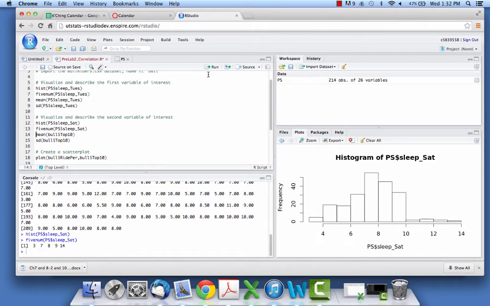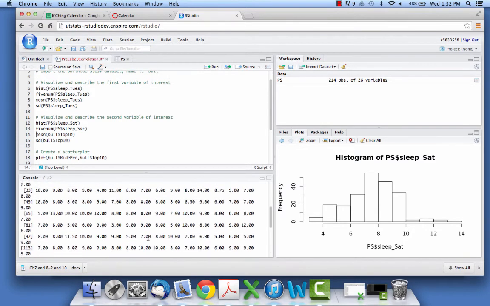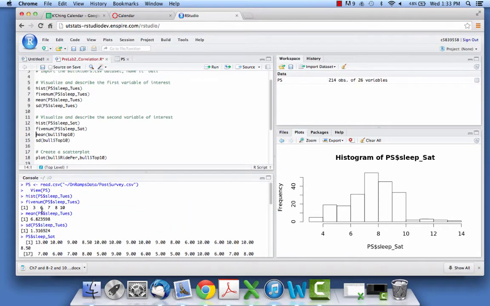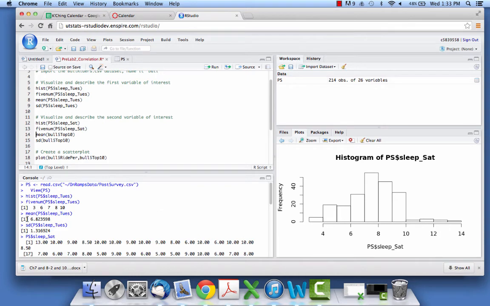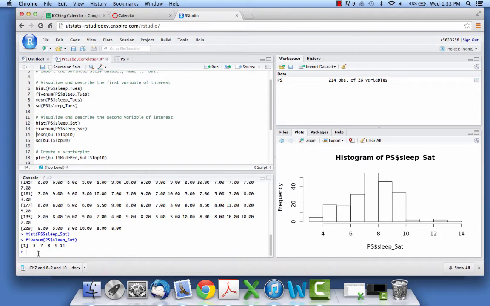Okay, there's the 5-number summary: median 8, interquartile range 2, but everything's kind of moved up. This used to be 6, 7, 8, now it's 7, 8, 9. The minimum's still 3, the maximum's quite large.